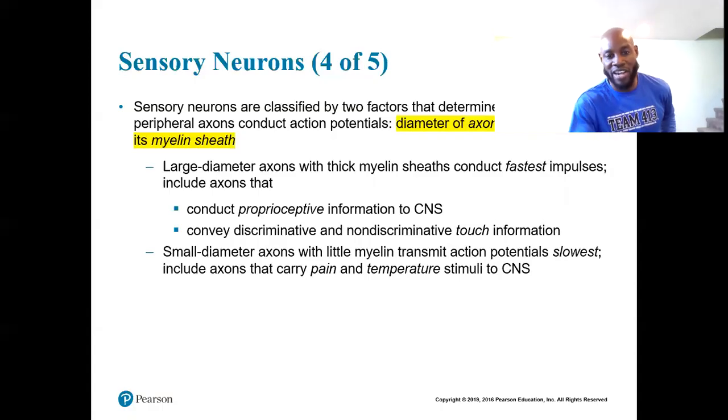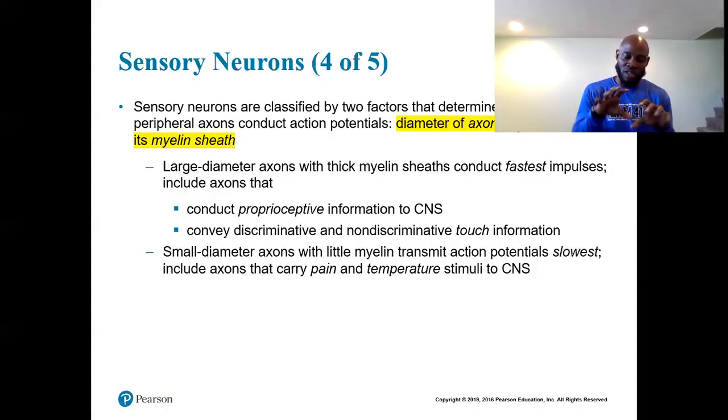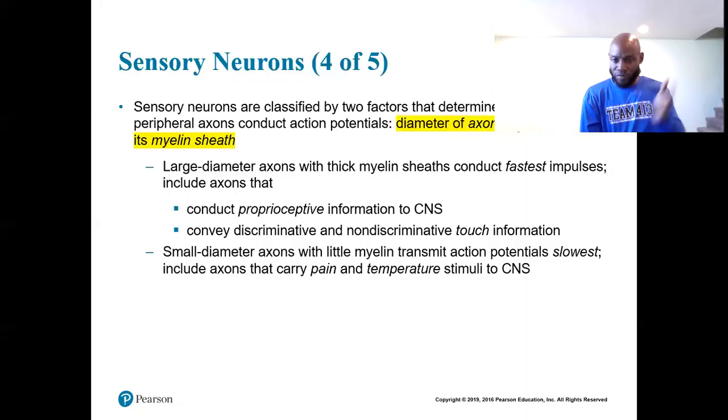So large diameter axons with thick myelin sheaths conduct fast impulses. The axon is big, the myelin sheath is thick, so you have good insulation and the impulse will move fast. All right, so they conduct proprioceptive information and convey discriminative and non-discriminative touch information.